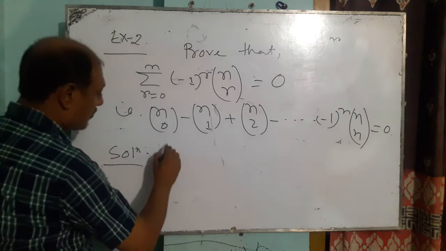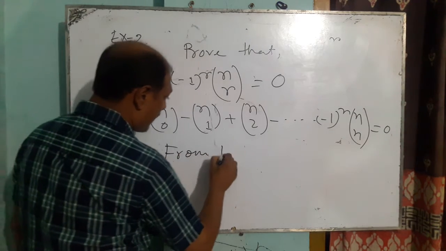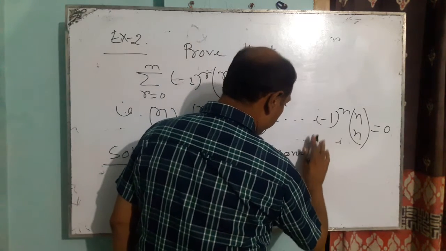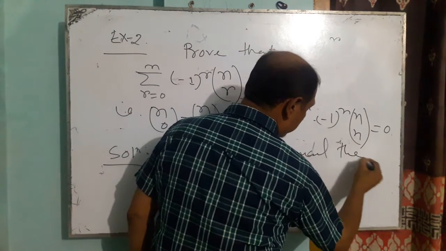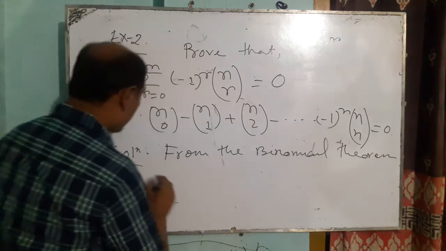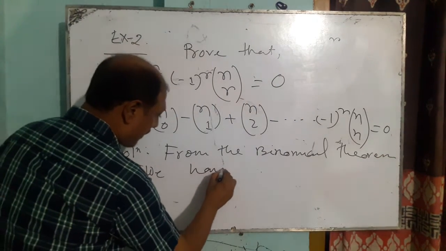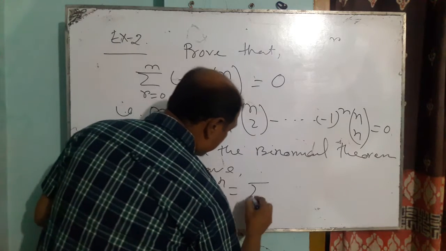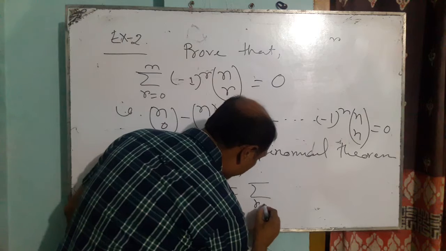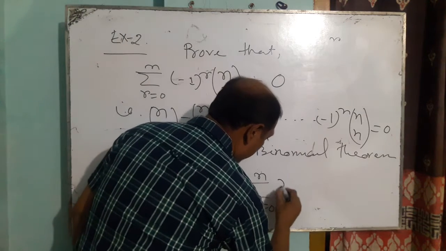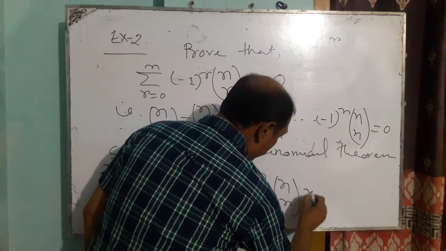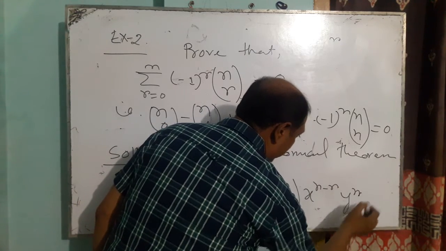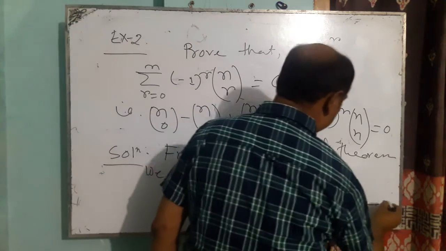From the binomial theorem, we have (x plus y) to the power n equal to summation r equal to 0 to n nCr x to the power n minus r, y to the power r. Equation 1.